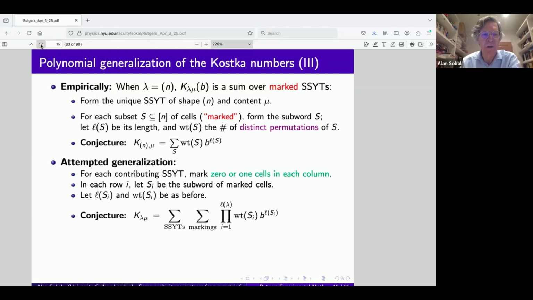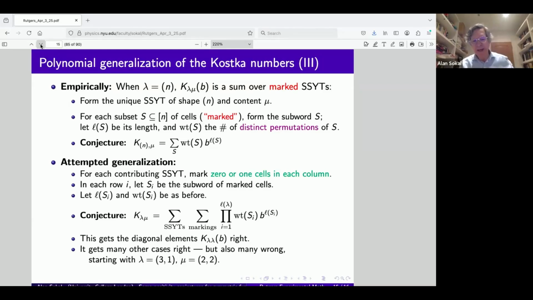Well, this conjecture is right in a lot of cases. It gets the diagonal elements right for the reason I just said. It gets many other cases right, but it also gets many wrong. Already with lambda equals 3, 1 and mu equals 2, 2, it gets it wrong. Just two coefficients are off by 1. So it gets it a little bit wrong.